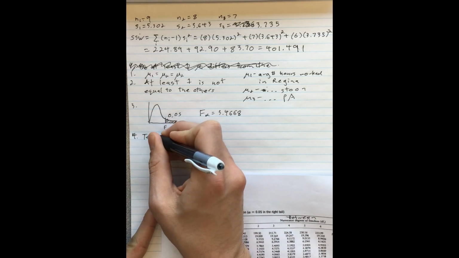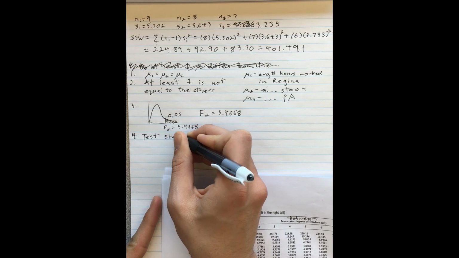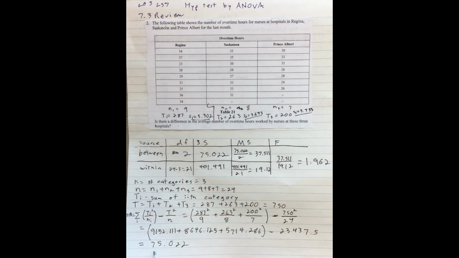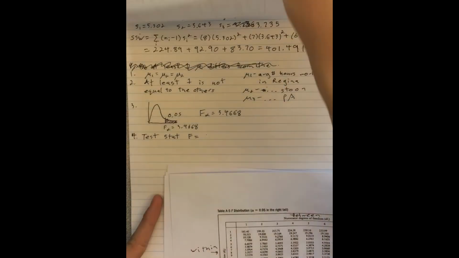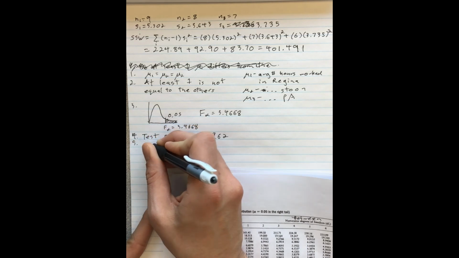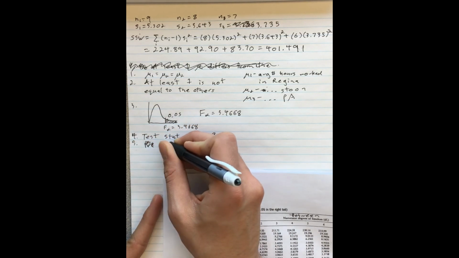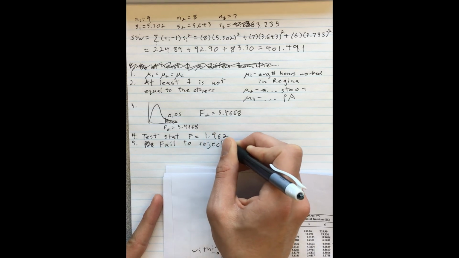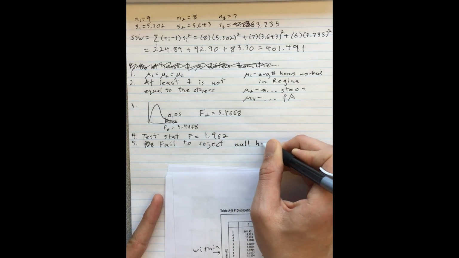Then we have to figure out the test statistic, but we already did that. Test stat F equals 1.962. So we fail to reject the null hypothesis.